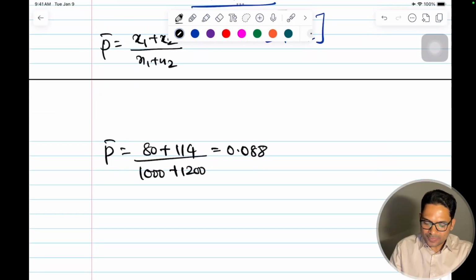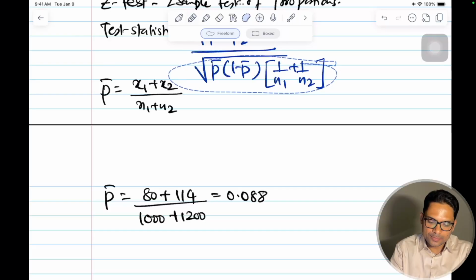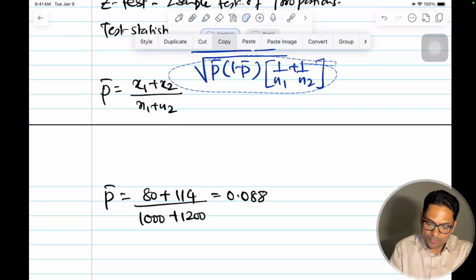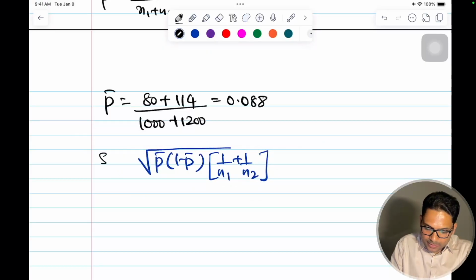So let's calculate the standard error. Let's calculate the denominator separately. Standard error is equal to this, the square root is on the complete thing.